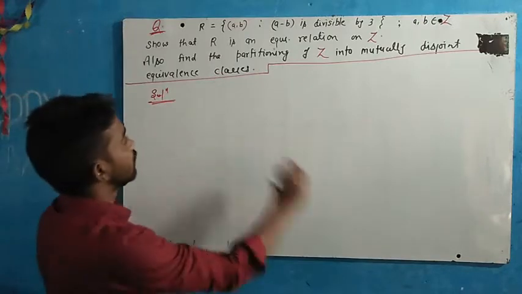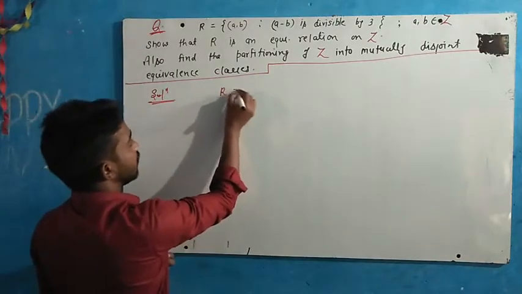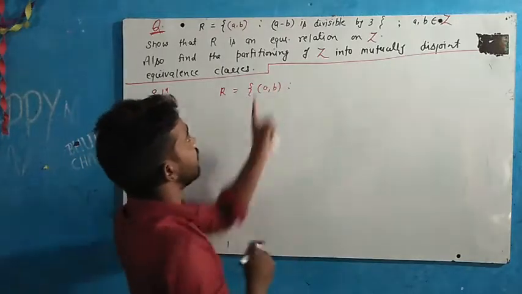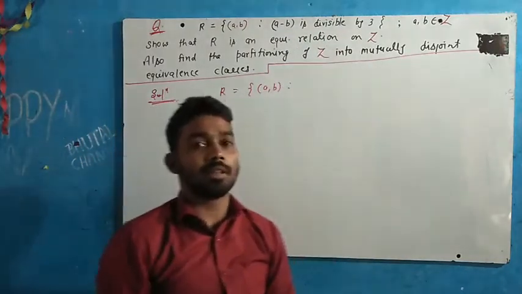In the solution, first of all, write R is equal to the set of ordered pairs (a, b) such that a minus b is divisible by 3. Clear?